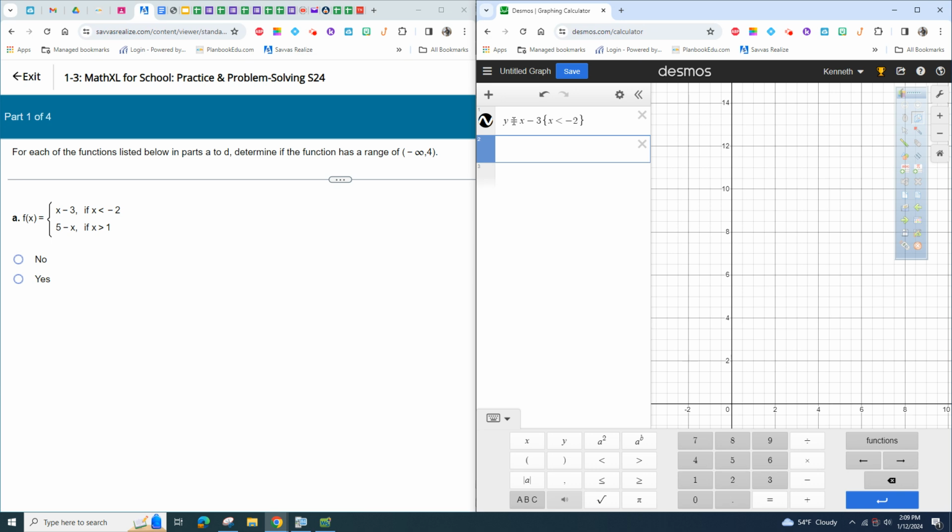And then let's try this again. y equals 5 minus x. And then for our domain, it's going to be x is bigger than 1. Okay.